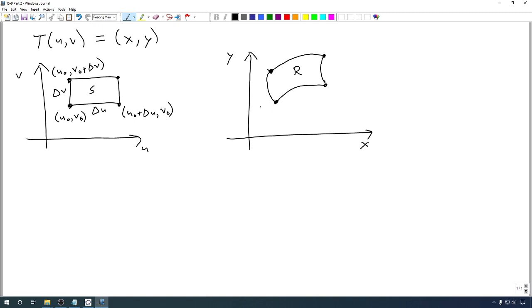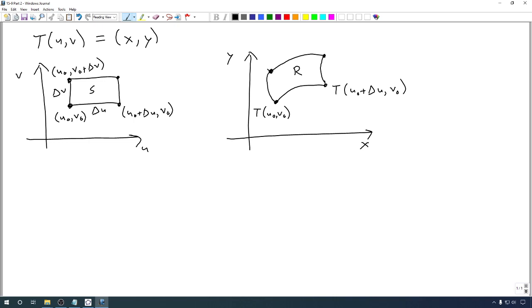Of course, over here, this is the point T of u naught, v naught, and then T of u naught plus delta u, v naught, whatever the results of plugging those points into T. And we know that the area of S is delta u times delta v. I mean, it's just a rectangle. What is the area of R, or at least approximately what is the area of R in terms of the stuff with S?